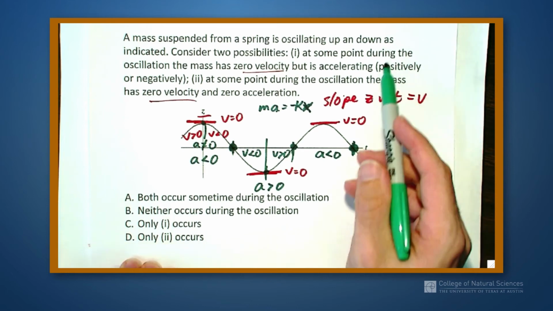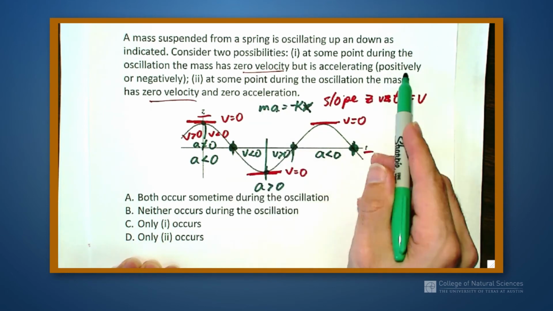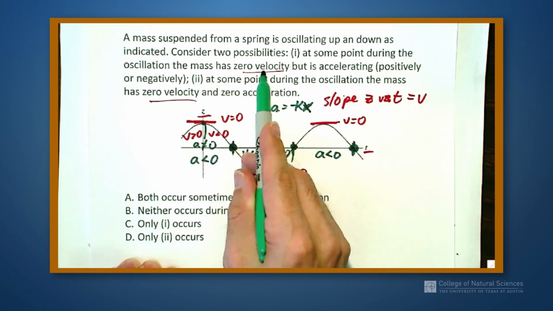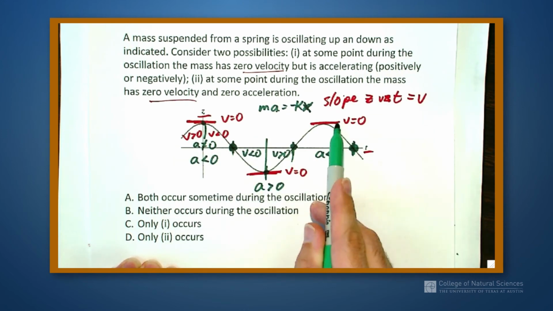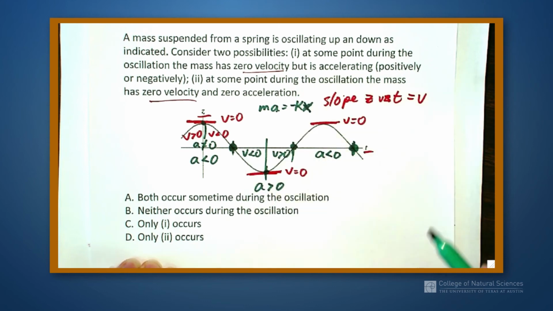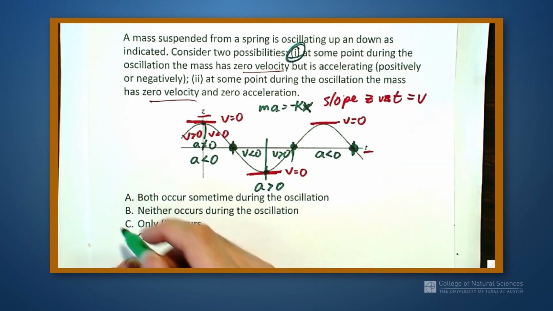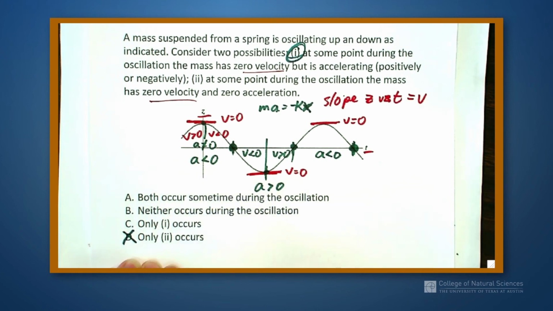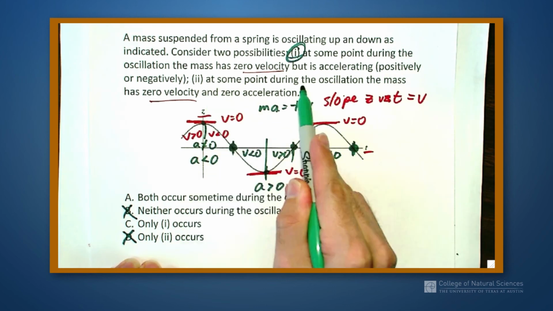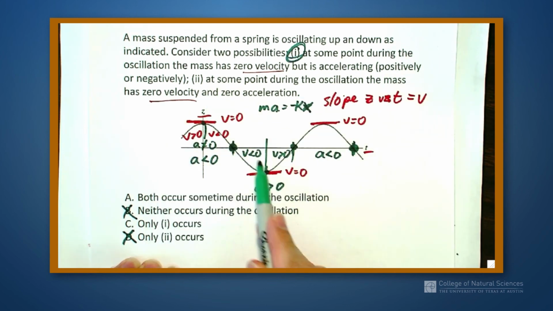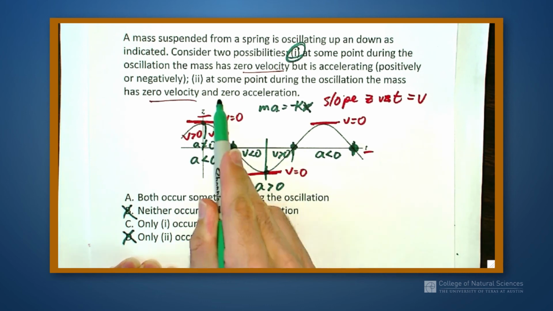So let's look at the question again. It says, we want to know if at some point in the oscillation the mass has 0 velocity, all right, but has acceleration. Oh, that's true. Definitely true. So I is true. So that can't be there and can't be that one. The second point says, at some point of the oscillation, the mass has 0 velocity, those 3 points, but has 0 acceleration.